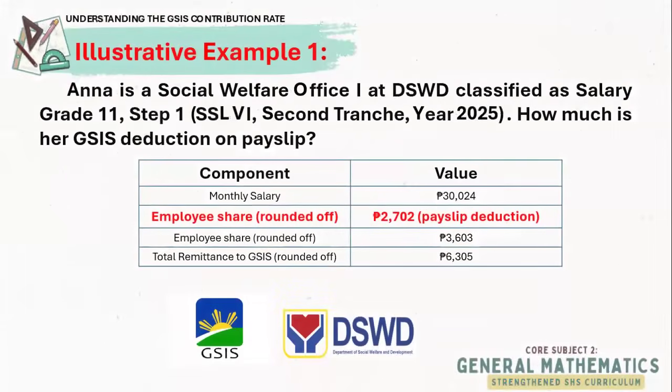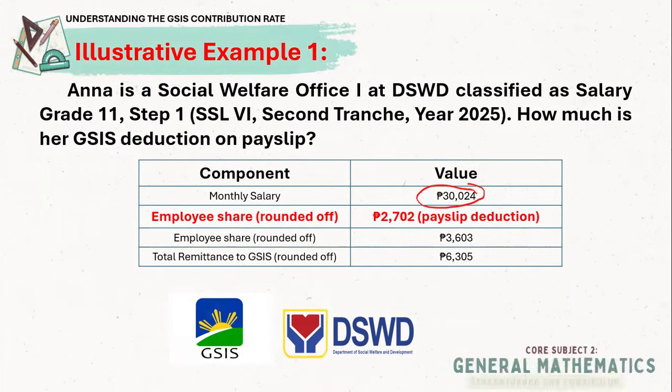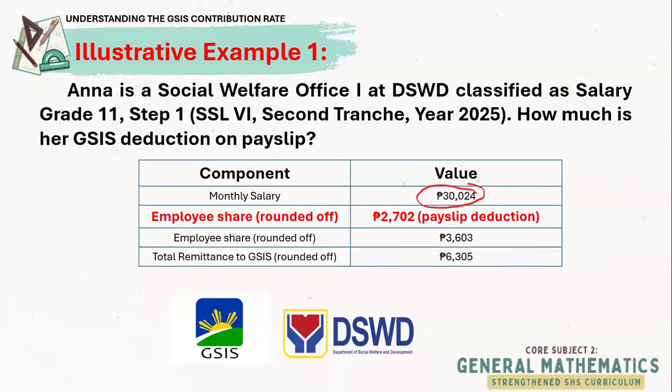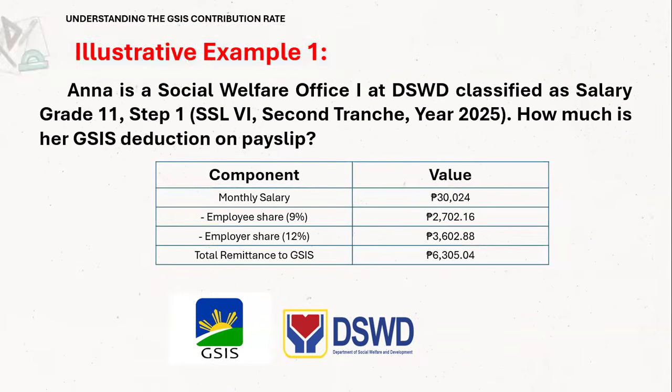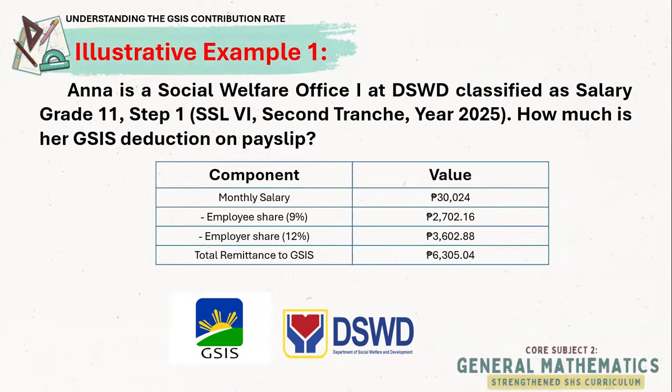So to compute for the GSIS contribution, that's 30,000. Then we always remember that we round off the values. Let's go back with the previous example. In this example, the employee share is 9%, which is 2,702 and 16 centavos.